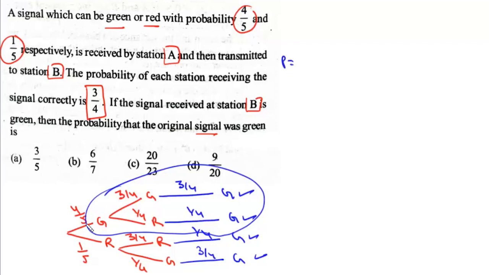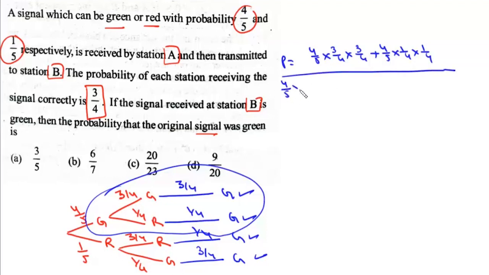So this probability will be 4 by 5 into 3 by 4 into 3 by 4 plus 4 by 5 into 1 by 4 into 1 by 4, divided by 4 by 5 into 3 by 4 into 3 by 4 plus 4 by 5 into 1 by 4 into 1 by 4 plus 1 by 5 into 3 by 4 into 1 by 4 plus 1 by 5 into 1 by 4 into 3 by 4. Now all these denominators will get cancelled.